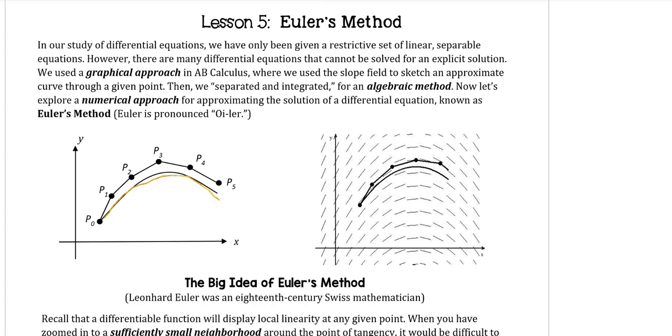So the whole idea is you're starting at point 0, some point that you know, an initial value. Then you're going to draw a tangent line from that point, and it should hit point 1. Then from there, once you have that value, you're going to draw its tangent line.